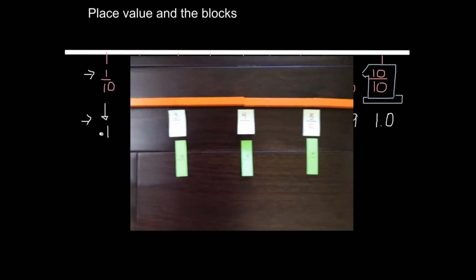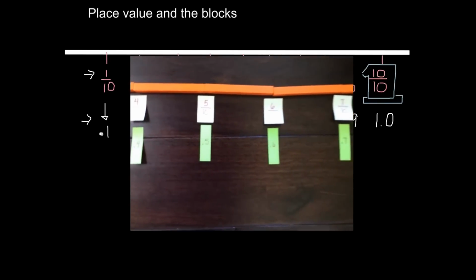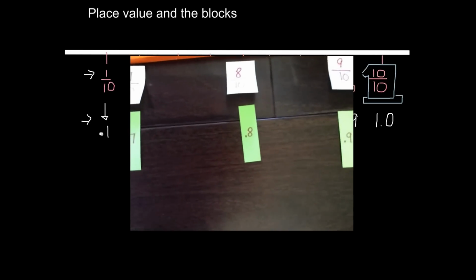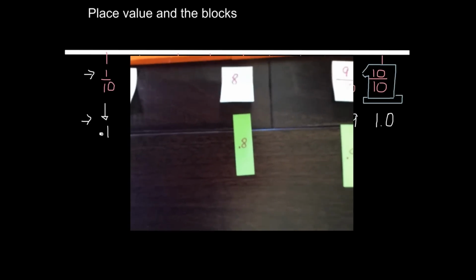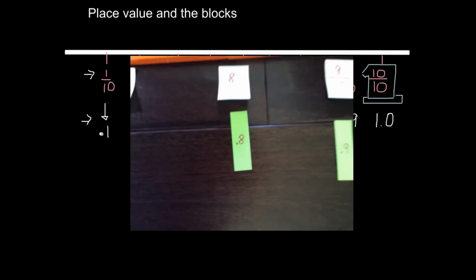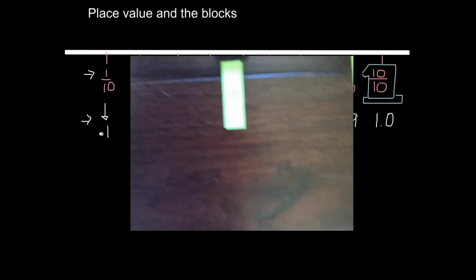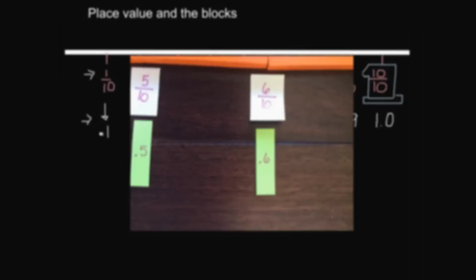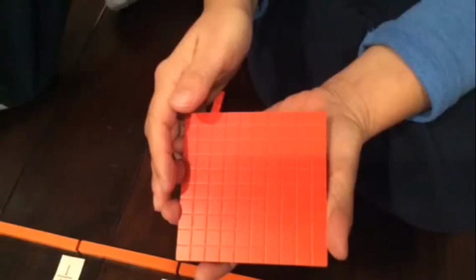So what I had done is I had found equivalent ways of representing the one whole. I found equivalent ways of finding 8/10 by saying 0.8 or 8/10. I found ways of representing 6/10 by saying 0.6 or 6/10.